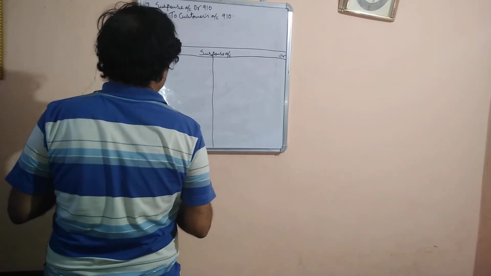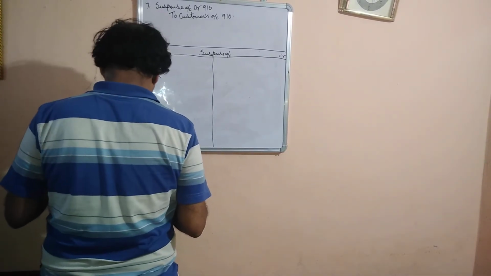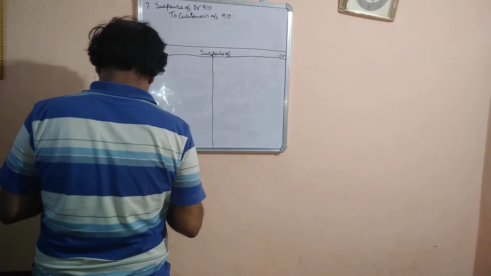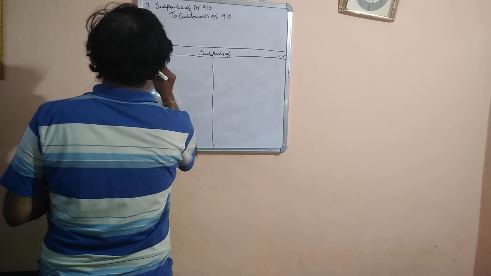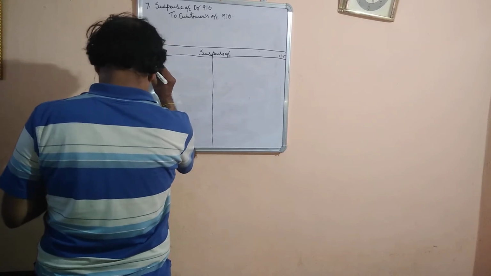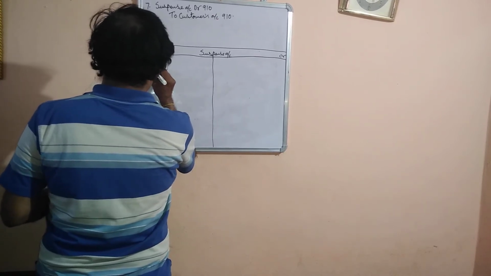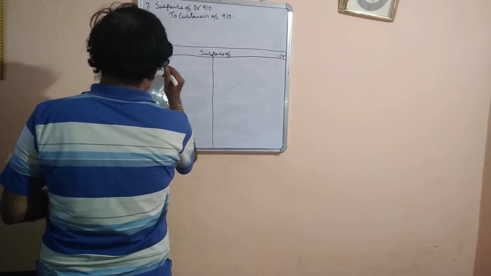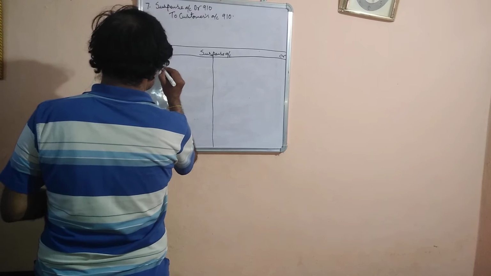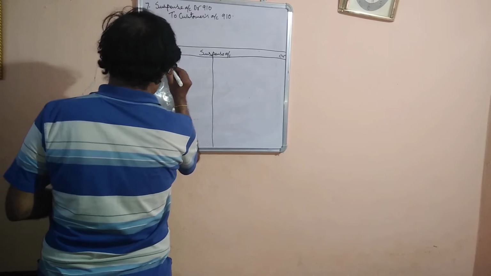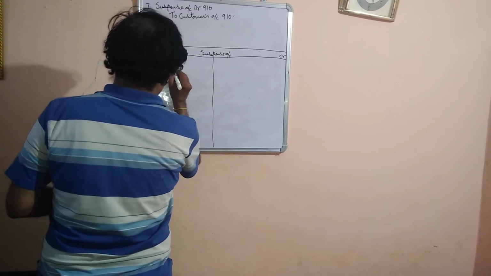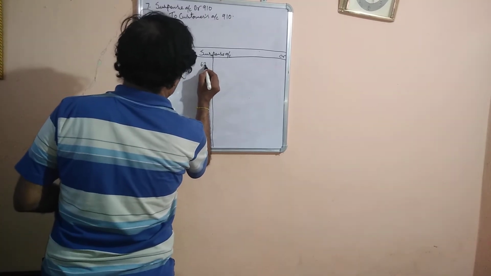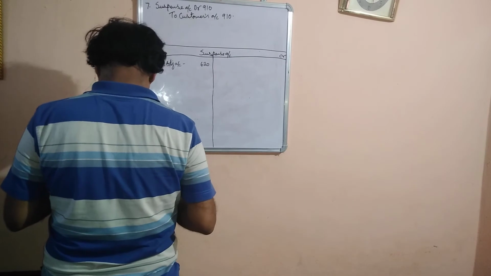Wherever the suspense account comes, we have to show that. If you go for the second entry, you have this suspense: suspense account debit to profit and loss adjustment account, 620 rupees. I am writing simply P&L adjustment account, 620. That is the second entry.